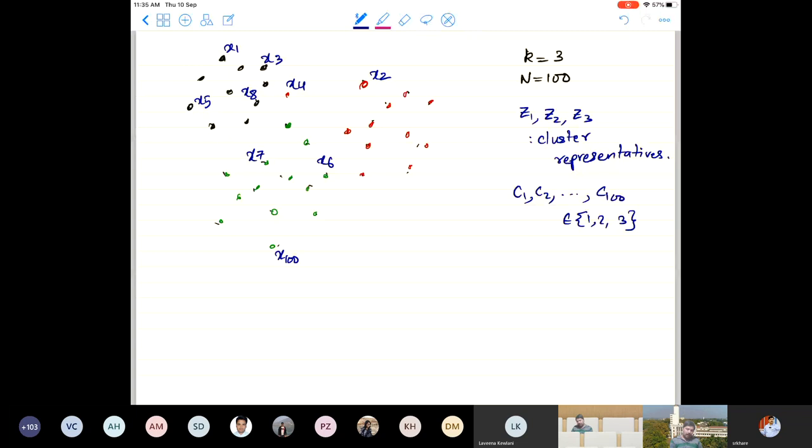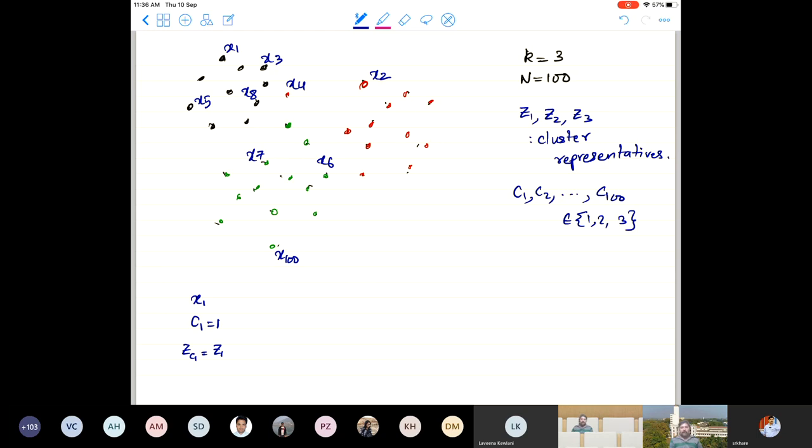And once I have this, then what happens? I have this vector x1, and I assign it a cluster. That cluster assignment is c1. So c1 can be equal to one of the three values 1, 2, 3. Let us say in this particular case c1 is equal to 1. Then what is the representative? The representative is z_c1, which is nothing but z1.